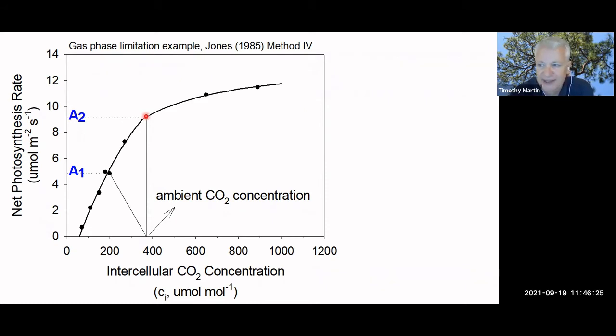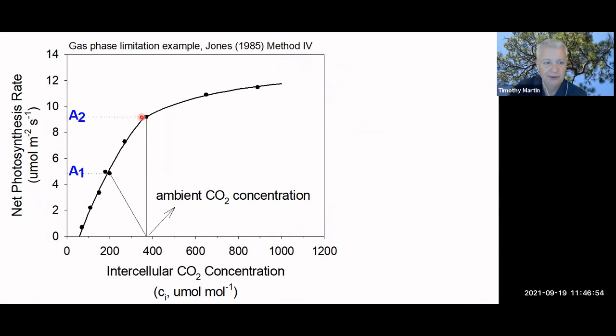Essentially what that means, if those cells are exposed to ambient CO2 concentration, is that there's no gas phase limitation, right? Imagine a situation with no epidermis. So those mesophyll cells are exposed to that ambient CO2 concentration. Based on the ACI curve for this leaf, if that situation happened, this would be the net photosynthesis rate that you would see.